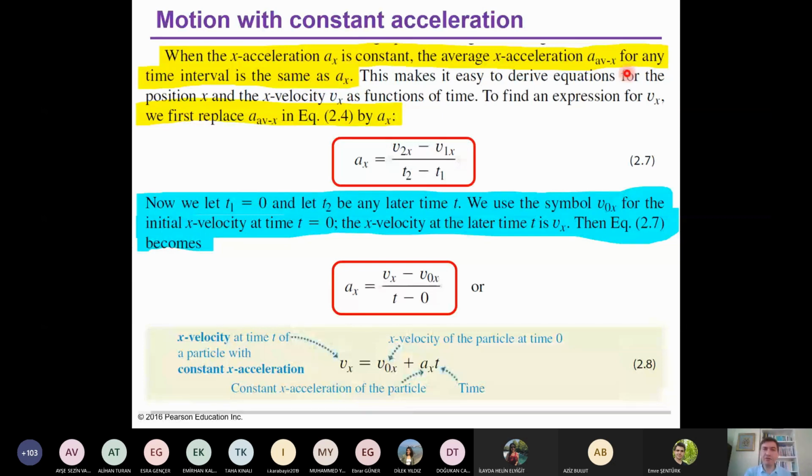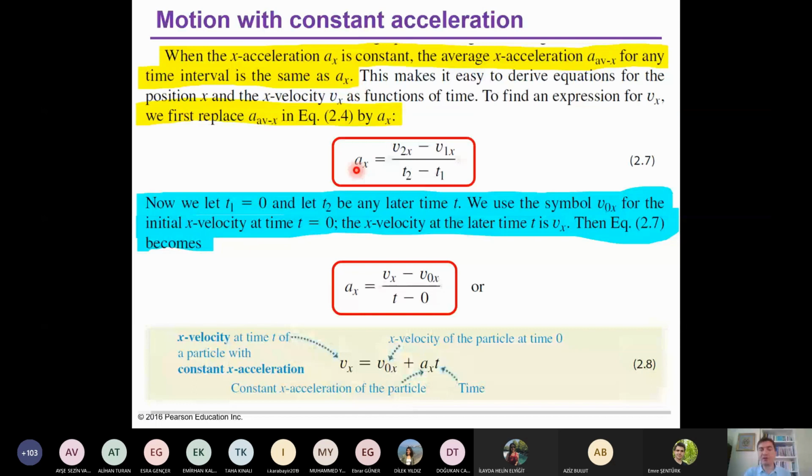So instead of average x acceleration, we use instantaneous acceleration because acceleration does not change by time, okay? It is always ax. So instead of average x acceleration, as I have discussed during the previous transparencies, I just use ax, acceleration along the x-axis.